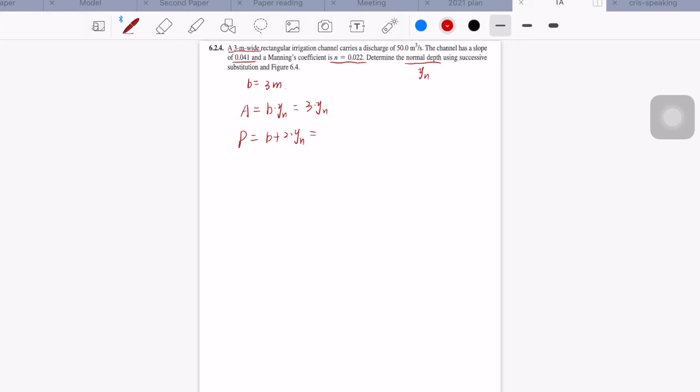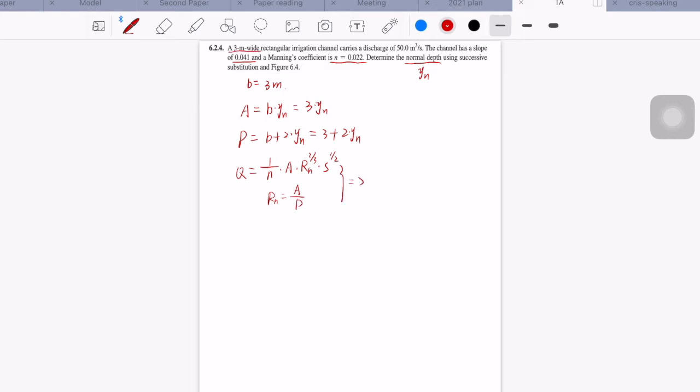The value is 3 plus 2 times y_n. And we also know the Manning's equation Q equals 1 over n times A times R_H to the power of 2 over 3 times S to the power of 1 over 2. And the hydraulic radius R_H equals A over P.